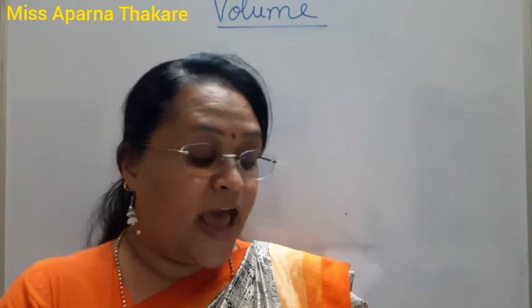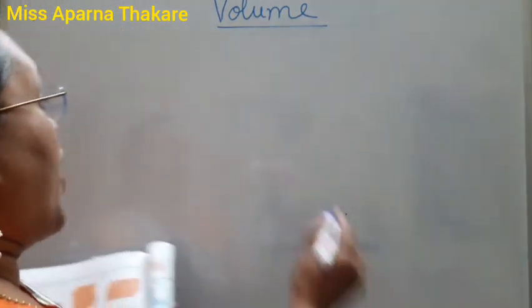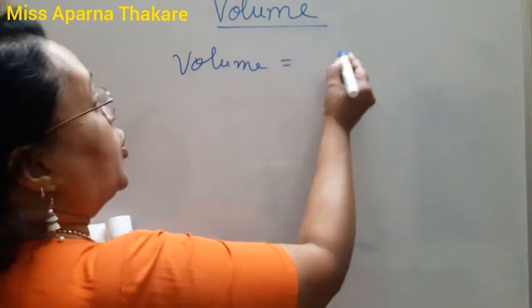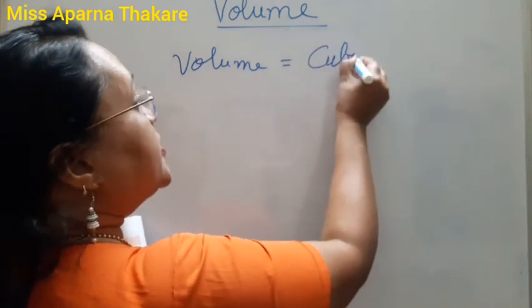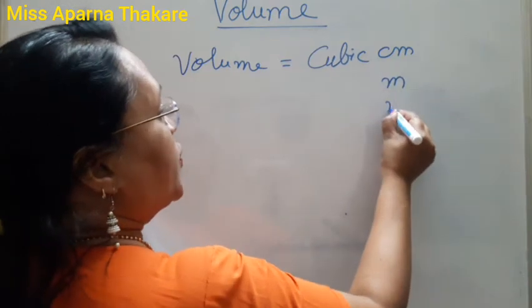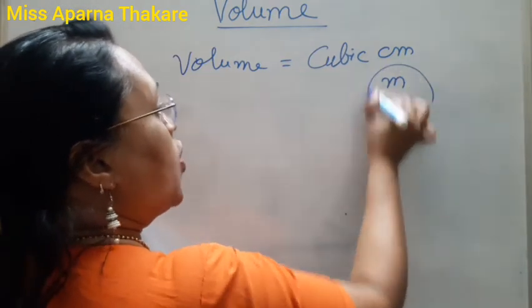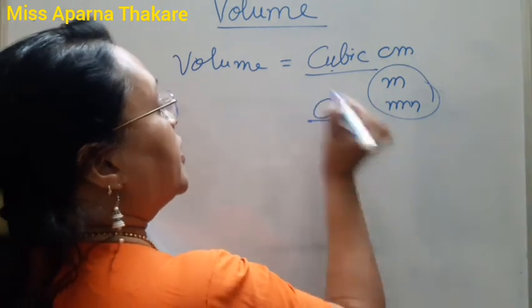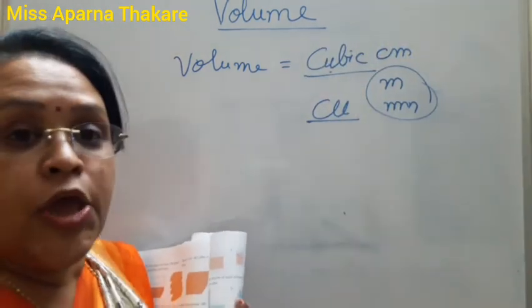When you measure the volume, you have to write cubic centimeter. You can write meter or millimeter, whatever it will be, but you have to write cubic, and its short form is cu.